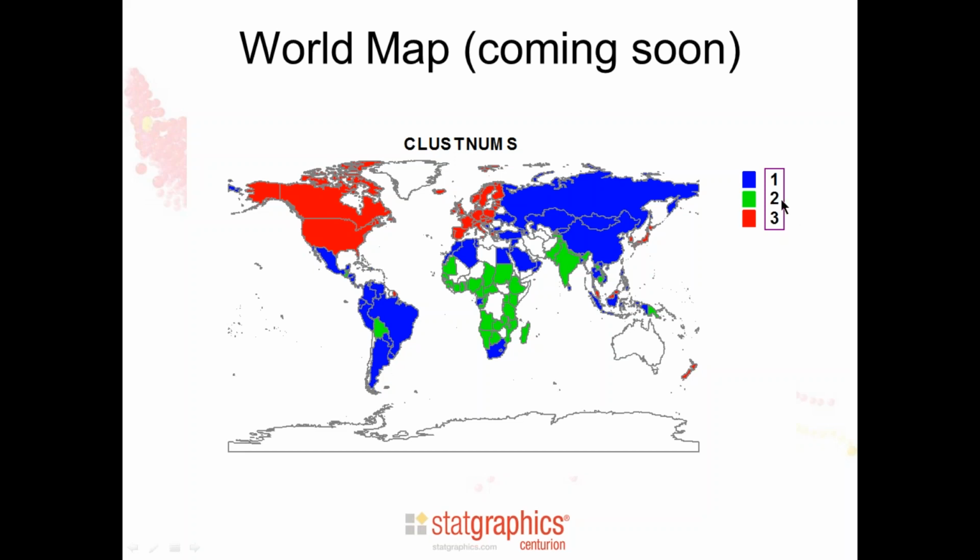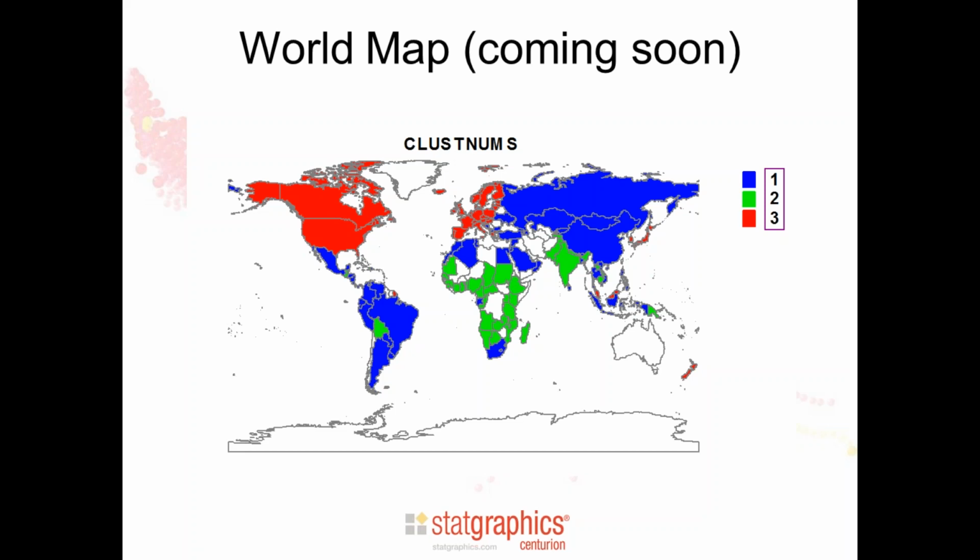Then there was the green group. The green group was seeded by India and ended up capturing most of the other countries in Africa as well as one of the countries in South America. The countries, incidentally, which are white, like Australia, did not have complete data.